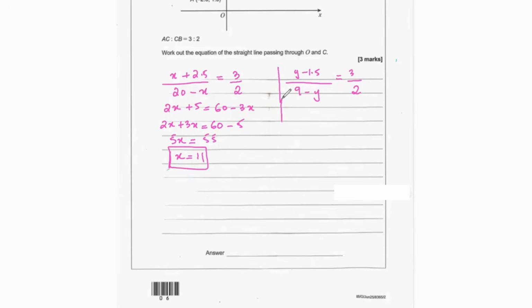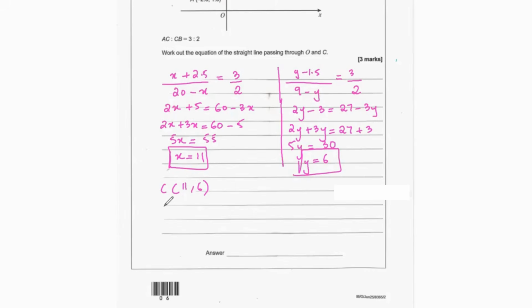Cross multiply over here now. 2y minus 3 equals 27 minus 3y. 2y plus 3y equals 27 plus 3. 5y equals 30. y is 6. So coordinates of C are 11 and 6.